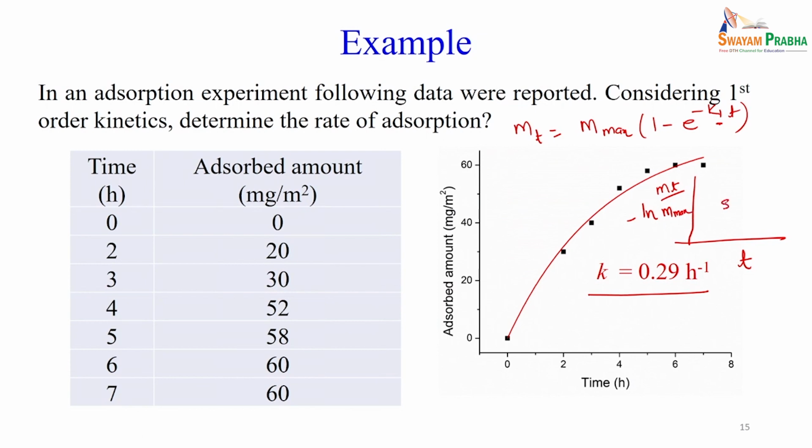Whatever the slope comes out to be, that slope is equal to k. So either you can fit this expression to the experimental data, or you can plot the ln versus t, and the slope will be the rate constant. Here the rate constant for this adsorption data comes out to be 0.29 per hour, because we are considering the whole adsorption as first order kinetics.